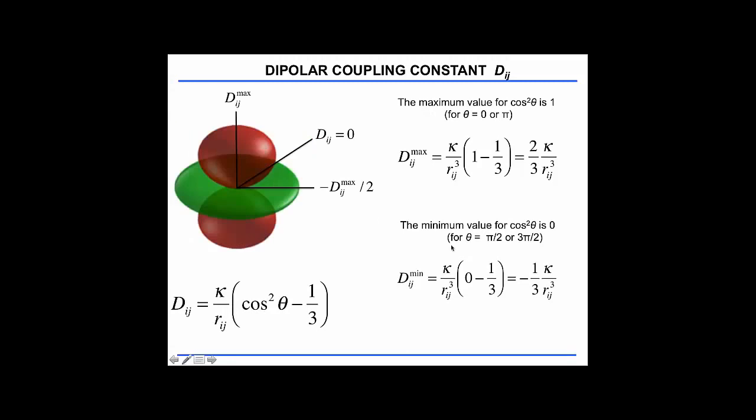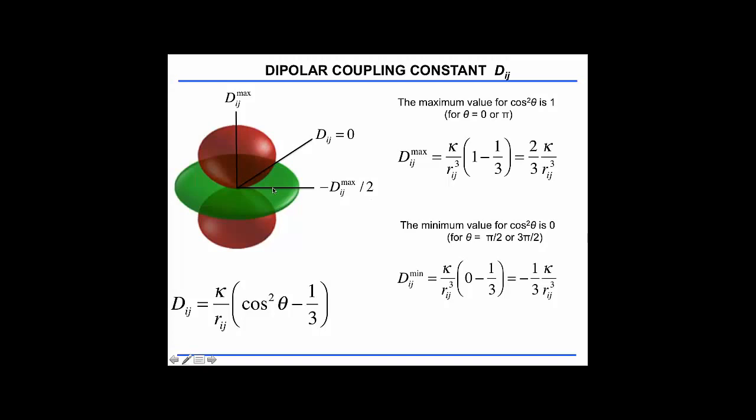In this representation, you can see the two lobules of the negative values for a CH, for example. So this is Dij maximum, and then here, as I told you, is minus Dij over 2. So you should expect that the size of the dipolar coupling will be half.